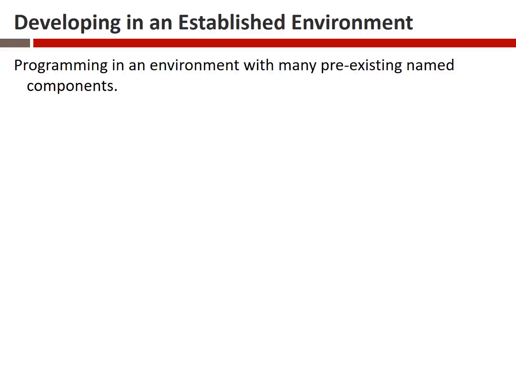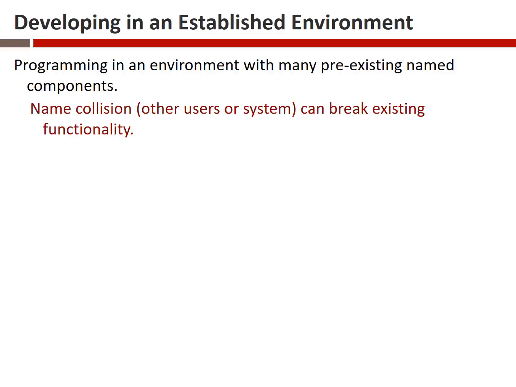So the system protects us from doing things like that, because name collision, either meaning name collision with system-related things or name collision with other users, can break existing functionality. Now remember what I said before, all programs are going into a standard program repository.